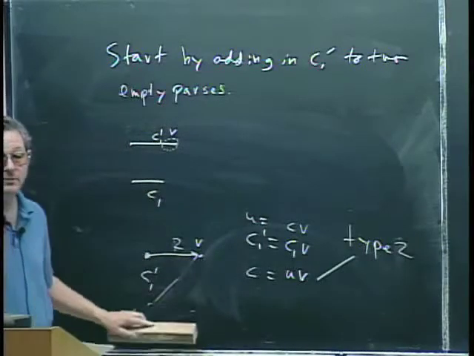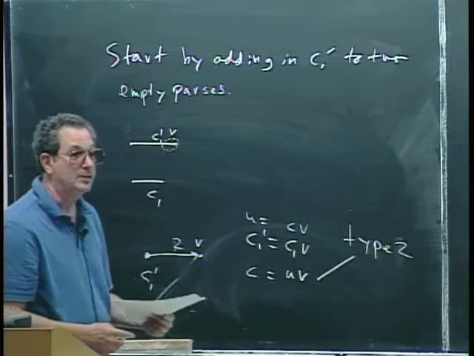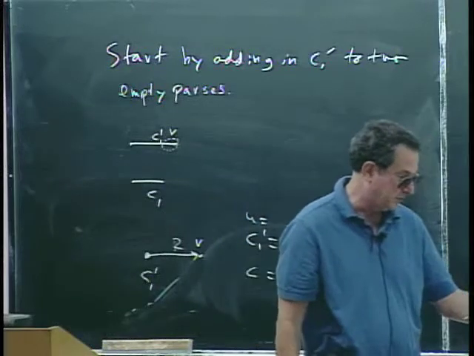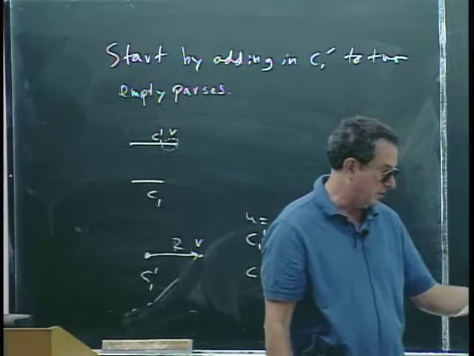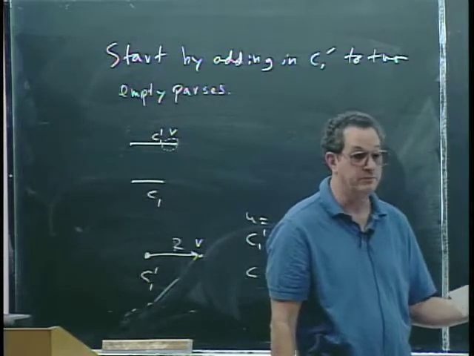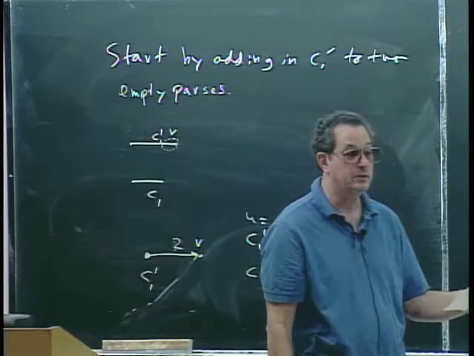If anybody has access to it, on the first paragraph of page 3, where it argues that there's an edge from C1 prime to V, is that justified as a type 1 or as a type 2 edge?